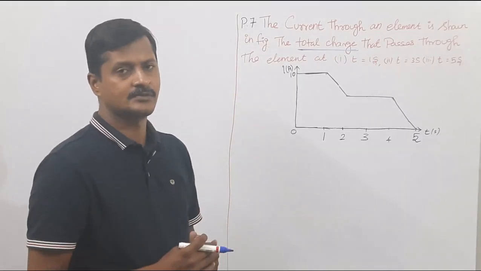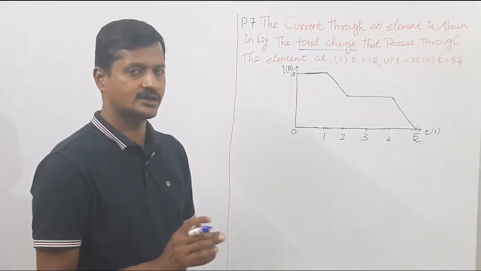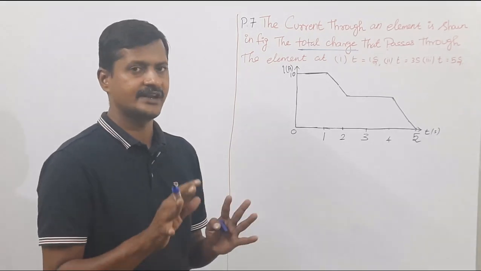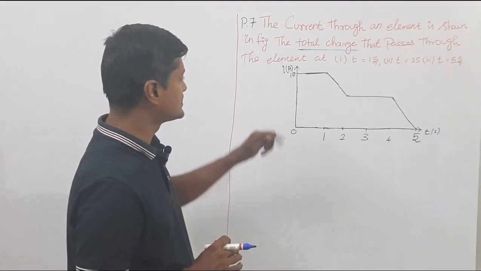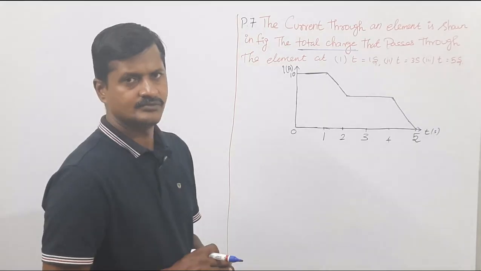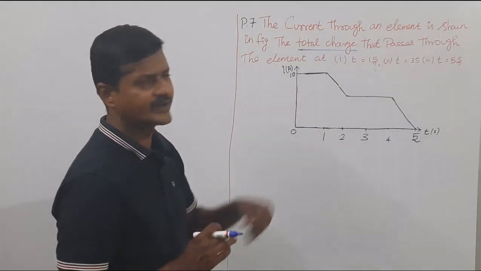In the previously solved problem, the current was given, and we integrated it to find the charge. Here, instead of the current, they have given a waveform, a figure.